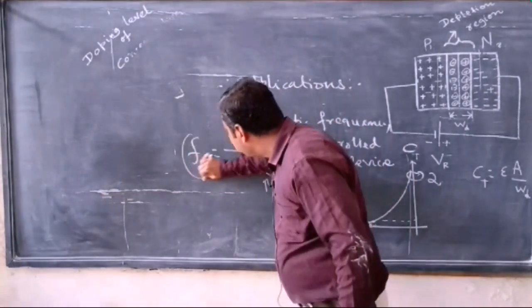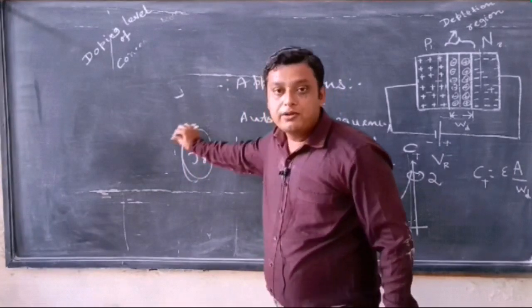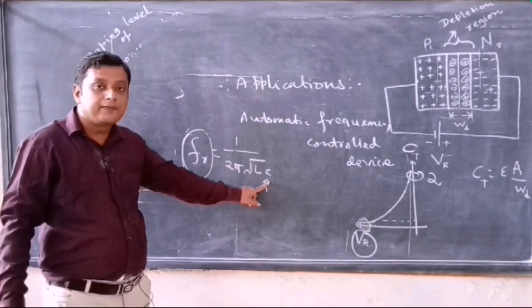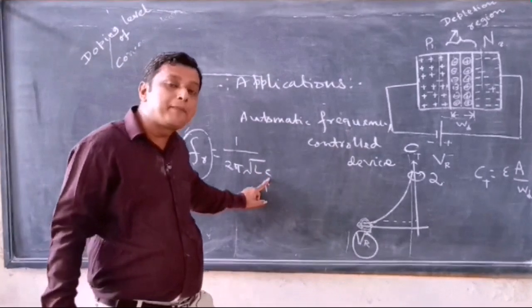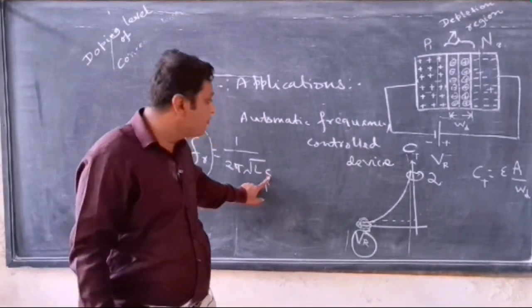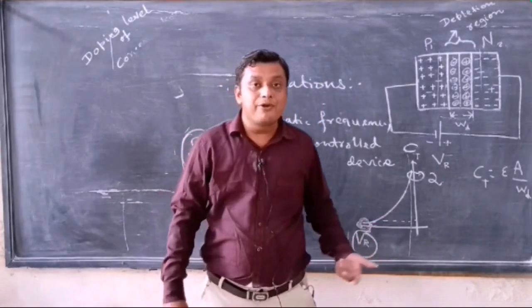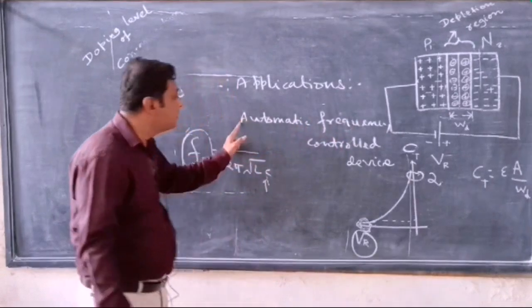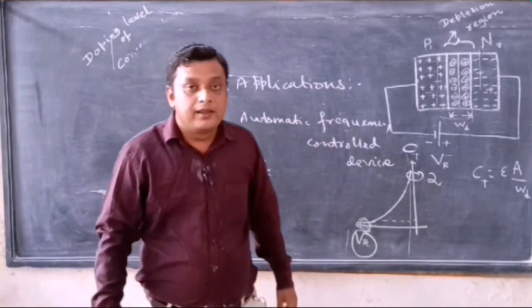So the desired frequency can be achieved by changing the value of capacitance, and the different value of capacitance can be achieved by controlling the reverse voltage. That's why the most important application of this varactor diode is in automatic frequency controlled devices.